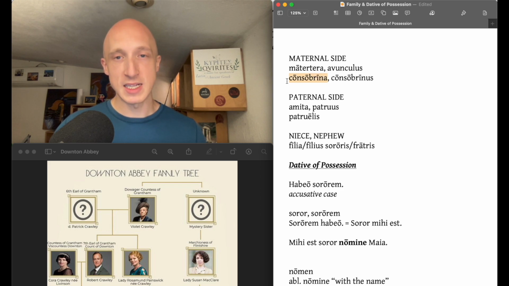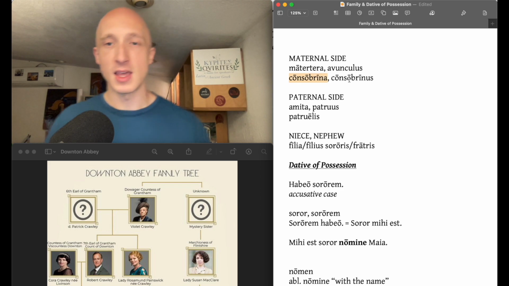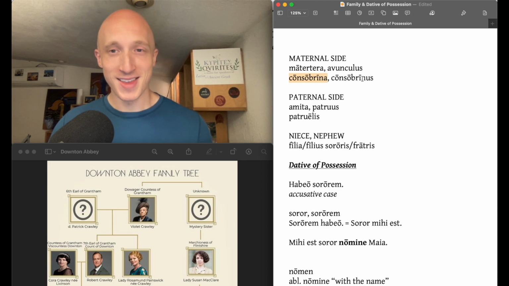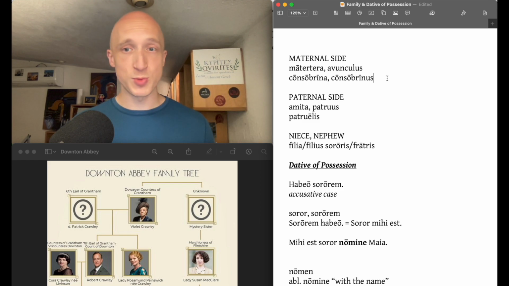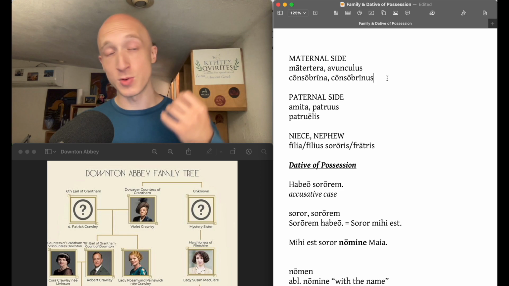So, consobrina. Consobrina is a cousin, female consobrina or consobrinus, and so consobrinae, consobrini. Suntne tibi consobrini, suntne tibi consobrinae.